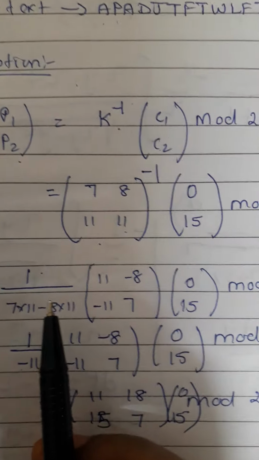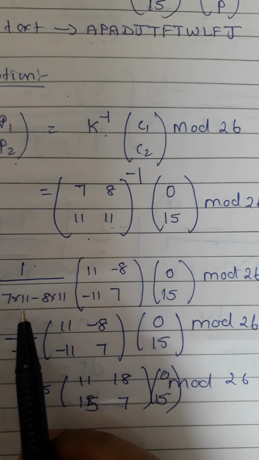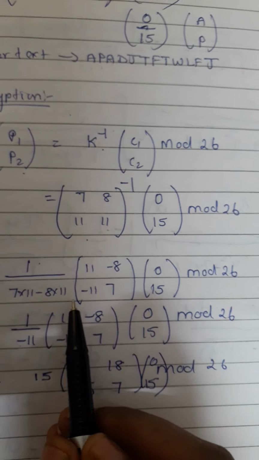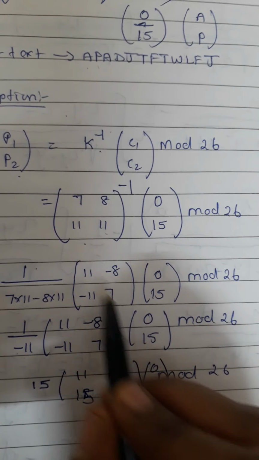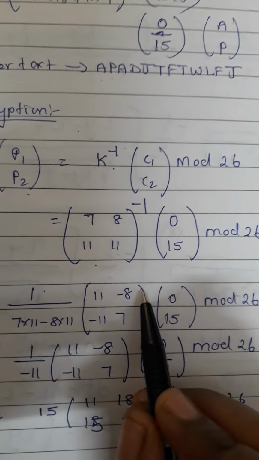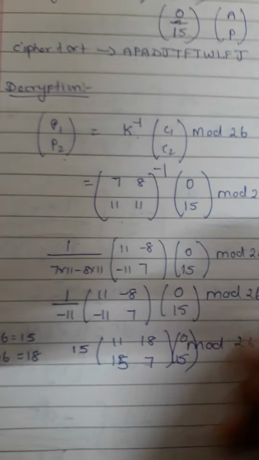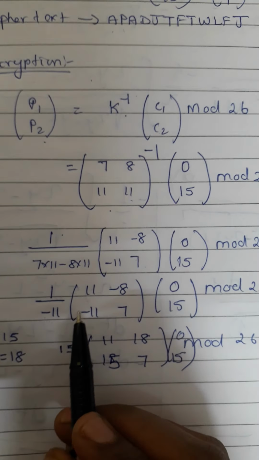Now we will find the inverse: 1 by AD minus BC, and then here we have done the transpose. This we have replaced, and then the signs we have changed.